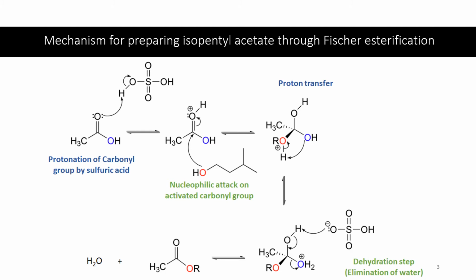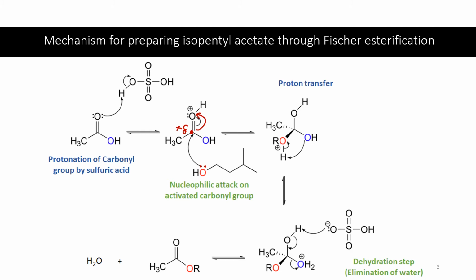So now this oxygen is lacking electrons, so it's going to pull the electrons that it was sharing with the carbonyl carbon, which makes the carbonyl carbon more electrophilic and more susceptible to undergo a nucleophilic attack from the oxygen coming from the alcohol.